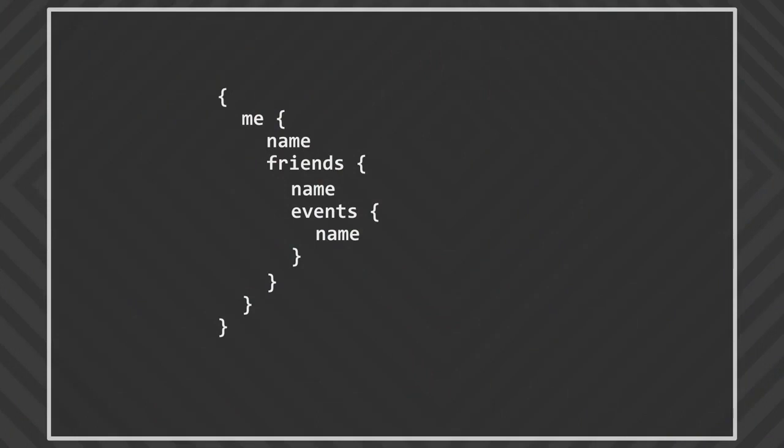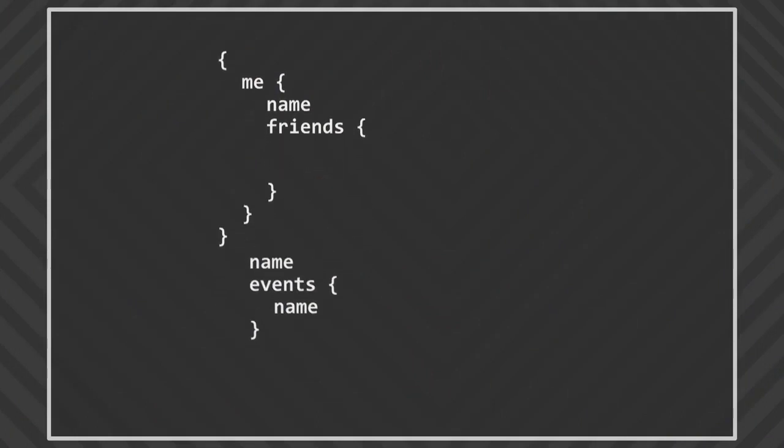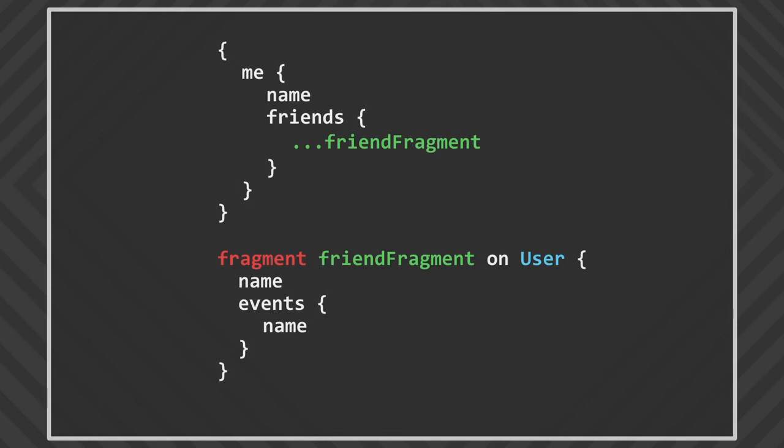So we provide a unit of decomposition, and we call it the fragment. It allows you to symbolically refer to a subquery. You can name a specific fragment that is on a specific type, and then you can refer to it by reference. And this primitive is as important to GraphQL as functions are to a standard programming language.